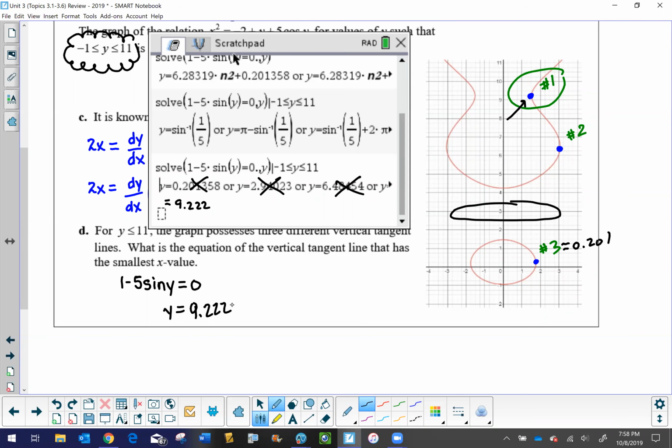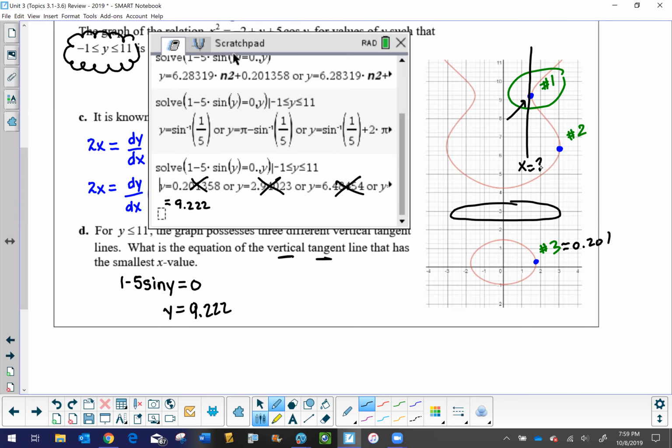Now, not to burst anybody's bubble, but that's not the answer to the question. And the reason it's not is because we want to find the equation of the vertical tangent line. That just tells us what the y coordinate is there. Doesn't a vertical tangent line have an equation that looks like x equals something?